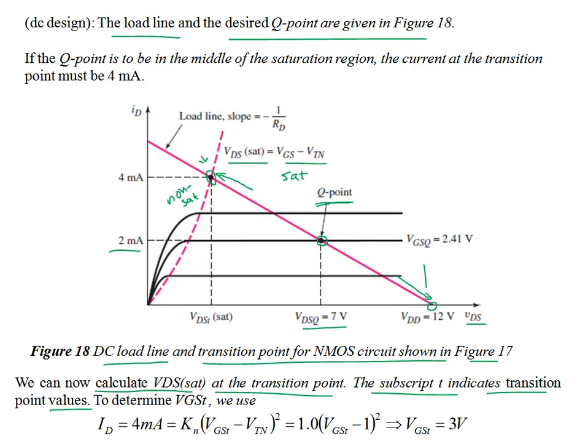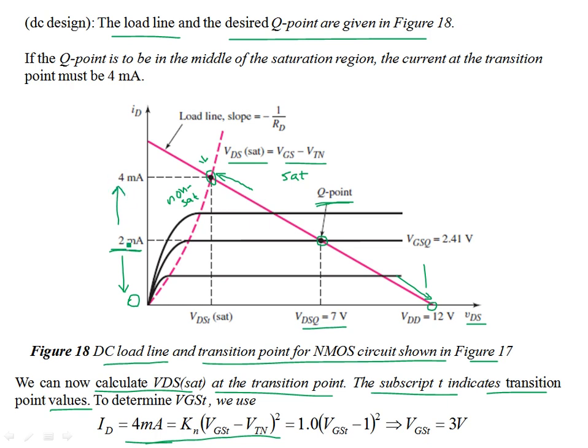So we use the saturation gate source voltage and current relationship to find the transition point. Since this is supposed to be 2 milliamps and has to be halfway between the cutoff, which is at 0, and the transition, the transition point between the saturation and non-sat regions should be 4 milliamps.